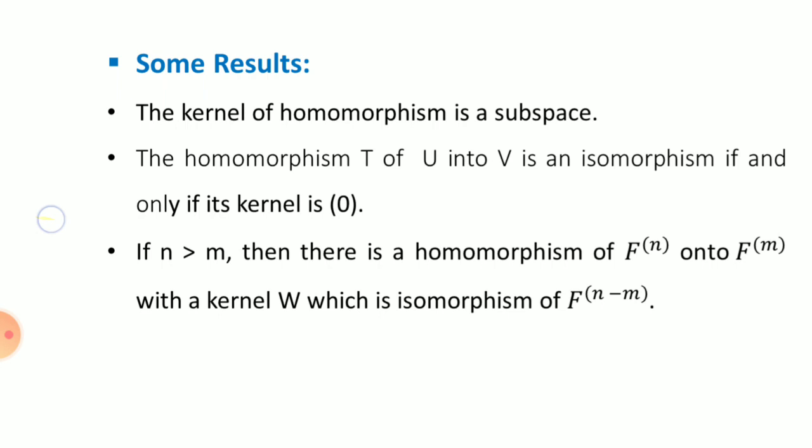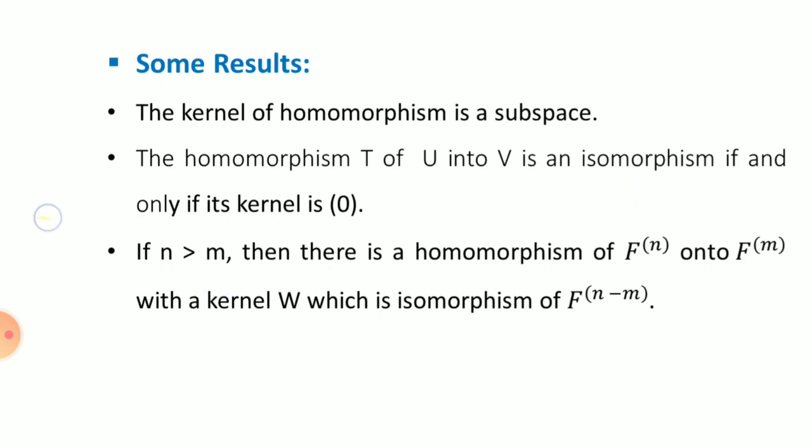Or conversely, if the kernel of T is 0, then the homomorphism T of U into V is an isomorphism. Two types of MCQ can be asked on this. The homomorphism T of U into V is dash dash if and only if its kernel is 0. You have to write the answer as isomorphism. Or the question may be like this: the homomorphism T of U into V is an isomorphism if and only if its kernel is dash dash dash. You have to choose the correct answer as the singleton set {0}.